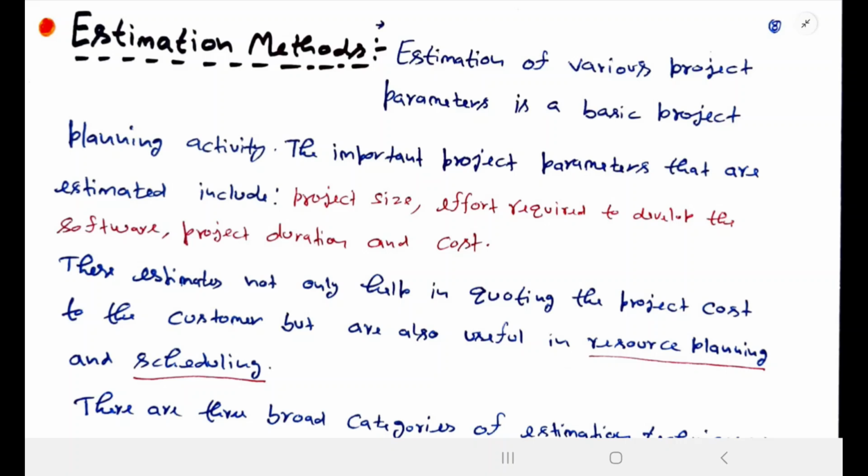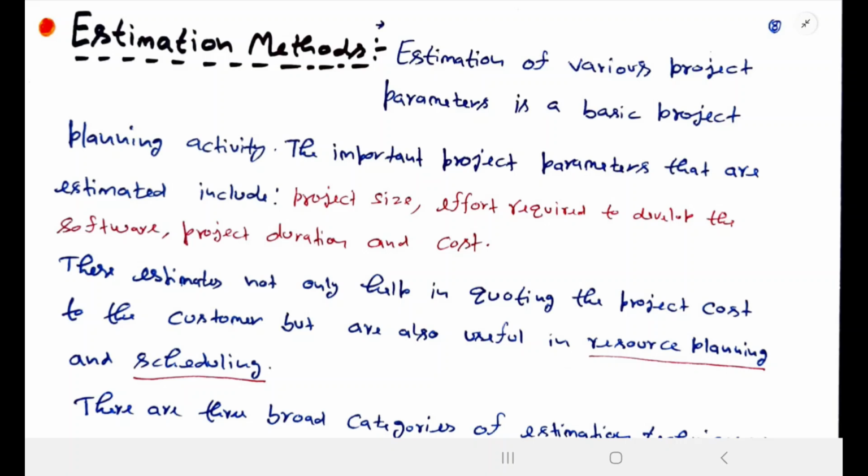Estimation of various project parameters is a basic project planning activity. As we have discussed, our main important project parameters are project size, effort, project duration, and the cost of the project.